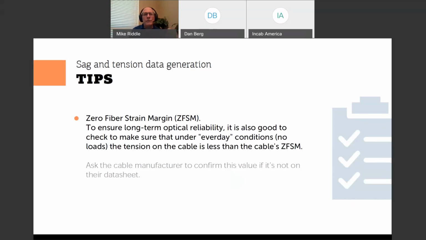And the zero fiber strain margins of even some not so good quality cables are generally above that. You don't see too many cables with zero fiber strain margin below 20% rated breaking strength, is what I'm telling you. So you can get by with not checking it. In the real world, in Mike's ideal world, at least, I would check it.